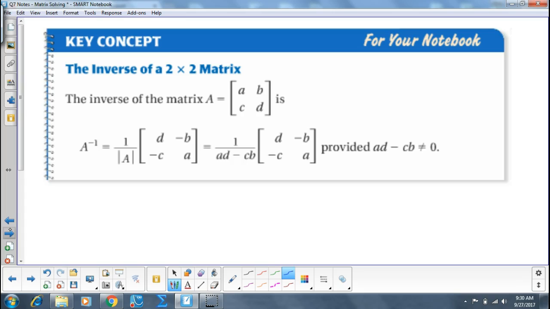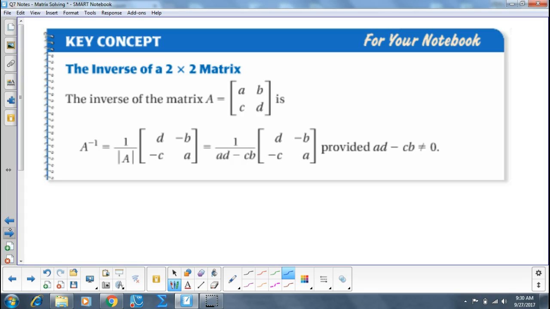So, we need to figure out how to find inverses of matrices. Now, we are not going to ask you to find by hand an inverse bigger than a 2 by 2 because the math just gets complicated. It can be done, but it ain't fun.